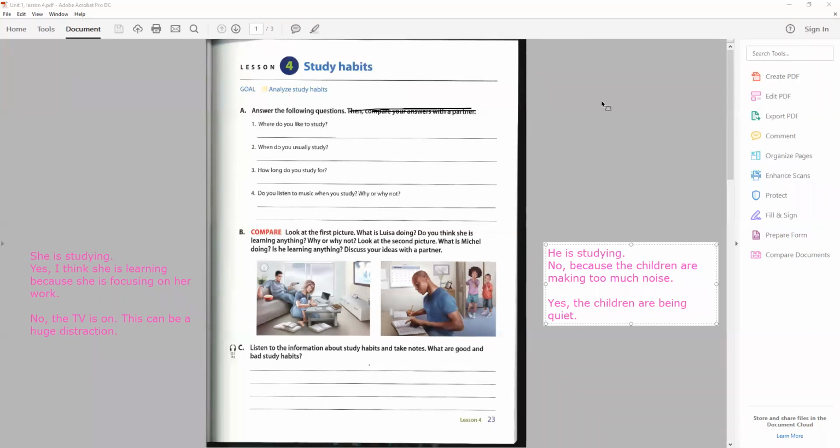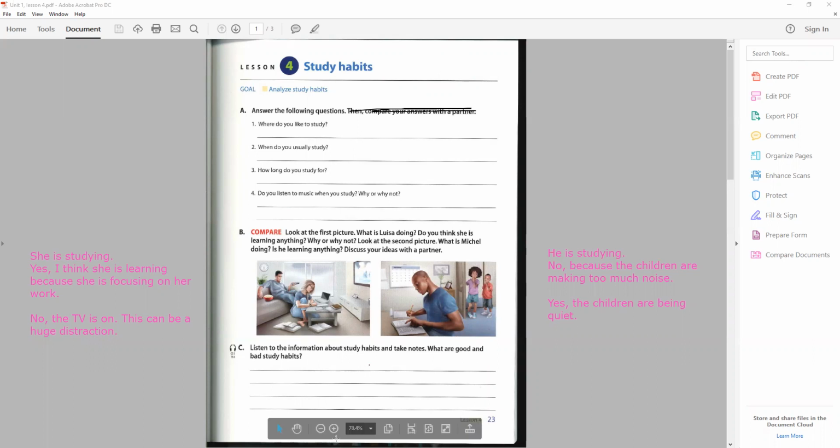All right, let's look at B. It says, listen to the information about study habits and take notes. What are good and bad study habits? Not sure what happened here to my recording.